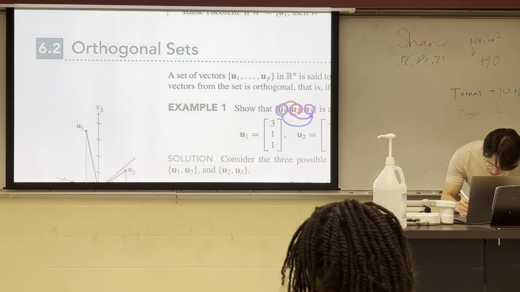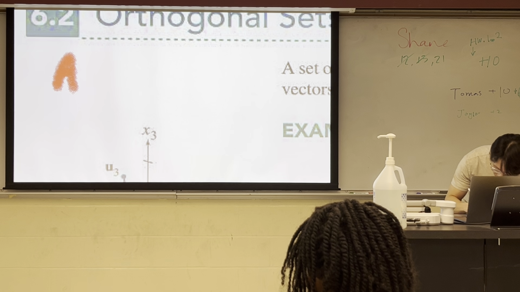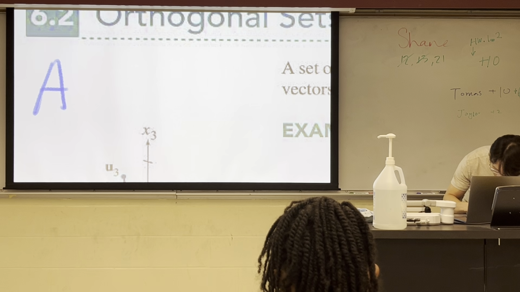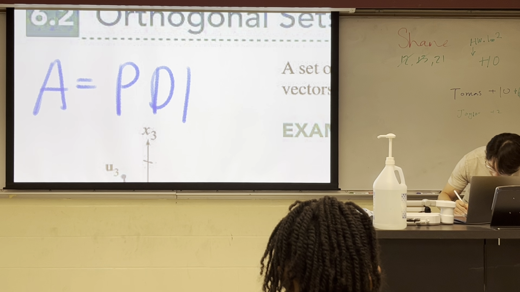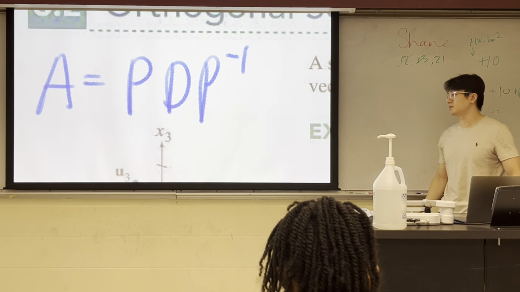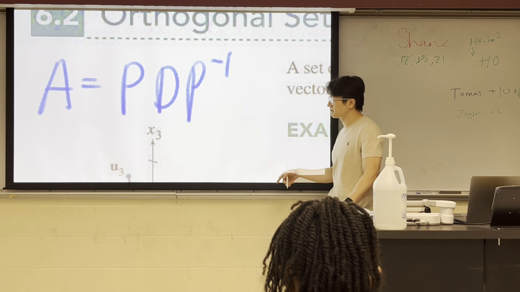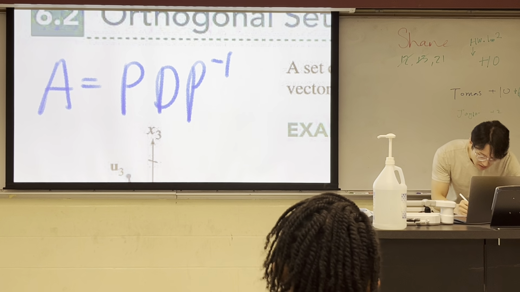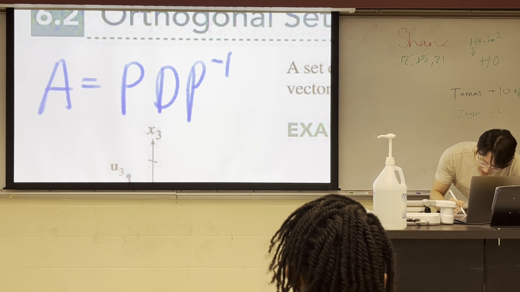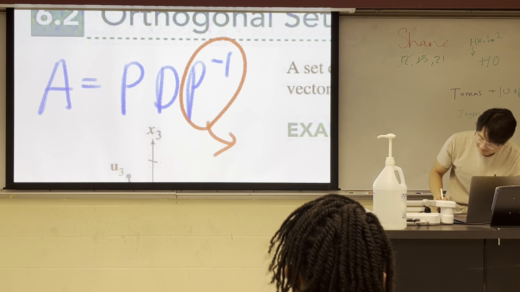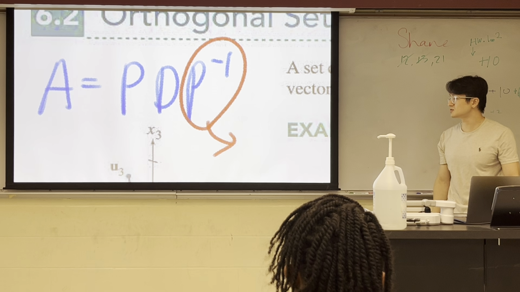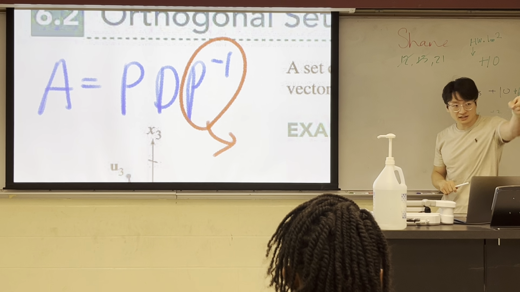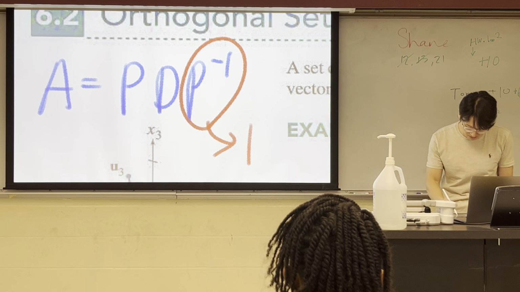The last chapter we learned, we decomposed A as PDP inverse, right? For the last example. And then we can replace this with what?